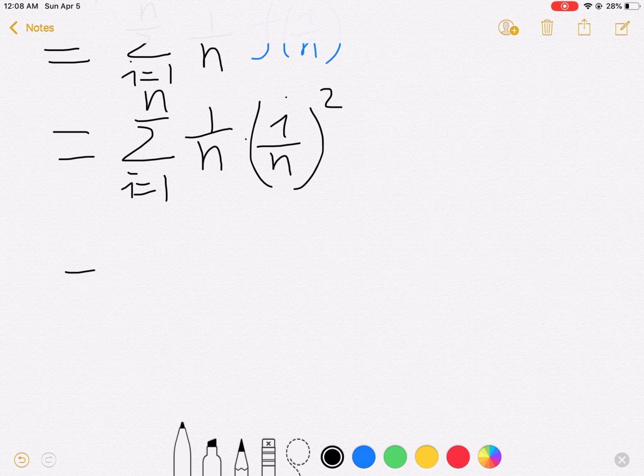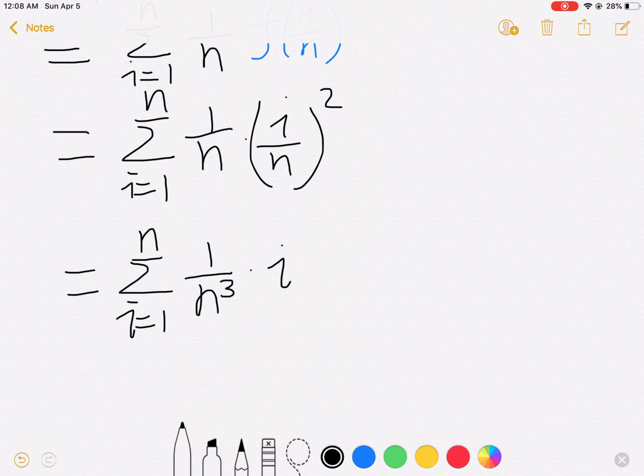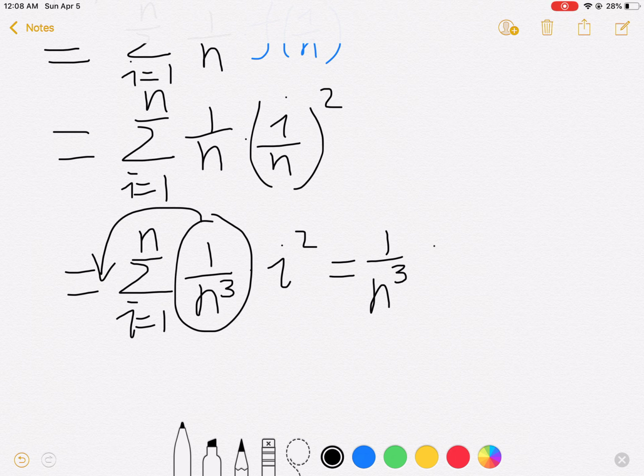Okay, so now let's simplify a little bit. This is the summation about i. i is changing, n is a constant, right? So this squared out would be n squared, so you have n cubed times i squared. If we take this as a constant, we can take it out. So this is 1 over n cubed times the sum i from 1 to n of i squared.